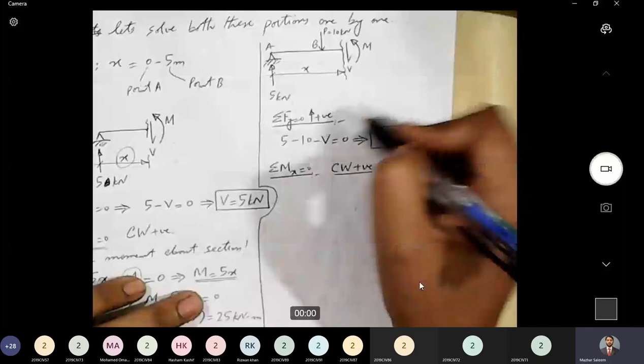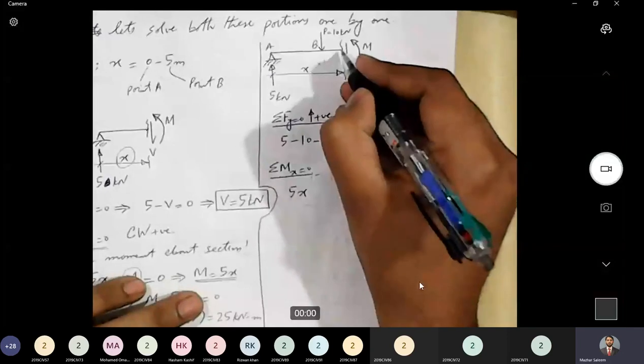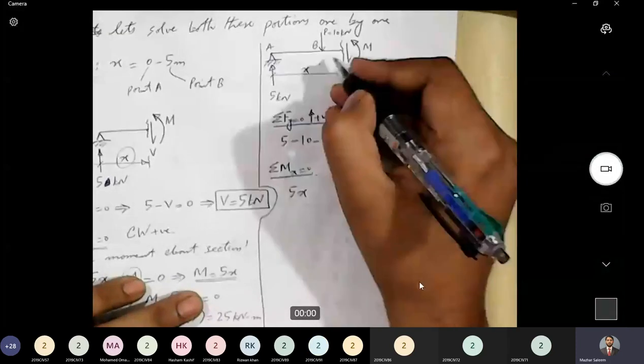Then what next? The 10 kilonewton force. What is the tendency of this 10 kilonewton force? Clockwise or counterclockwise moment? Sorry, counterclockwise moment. And how much will be the lever arm?